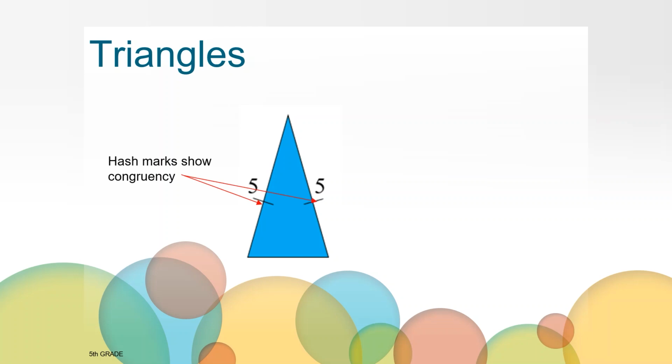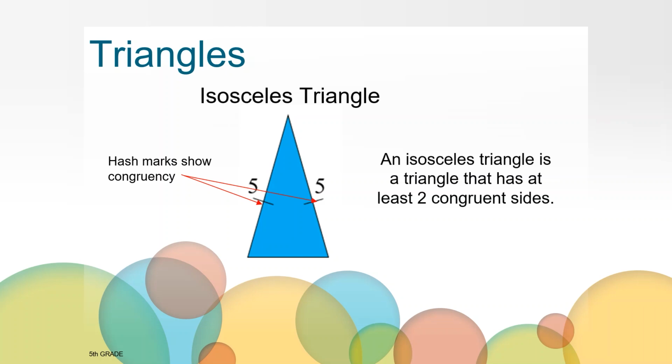These hash marks show that the two sides are congruent. That means exactly the same length and shape. A triangle like this that has two equal sides is called an isosceles triangle.